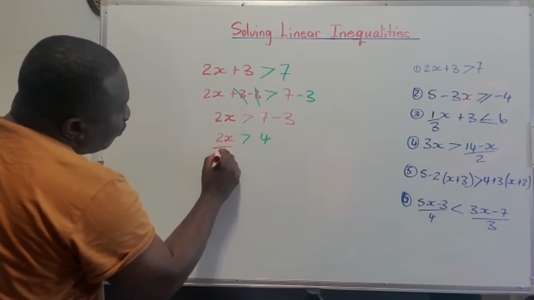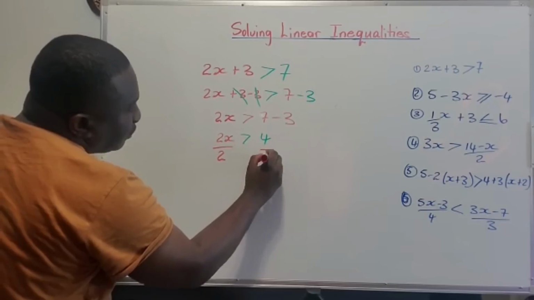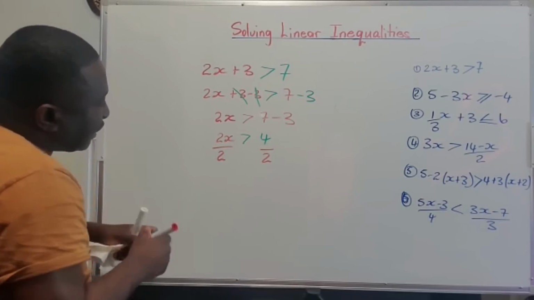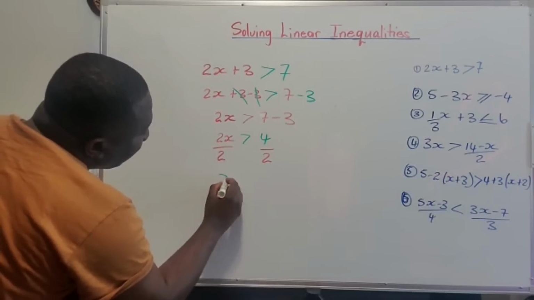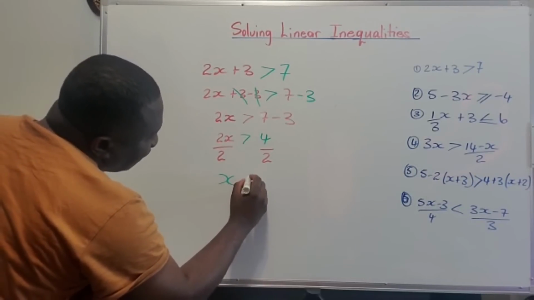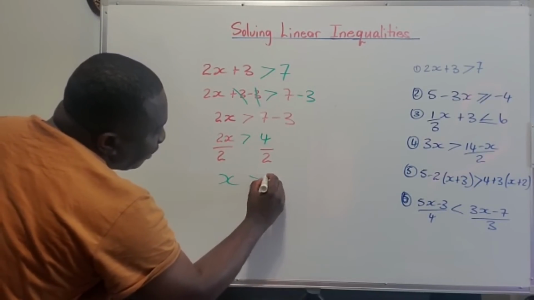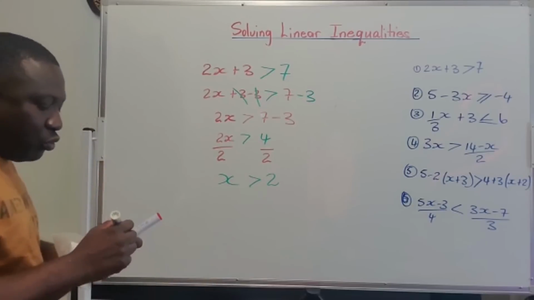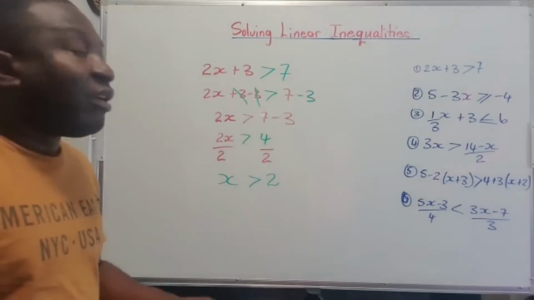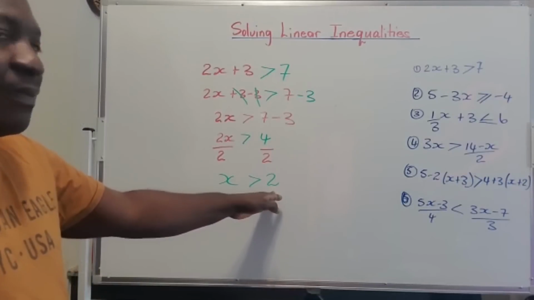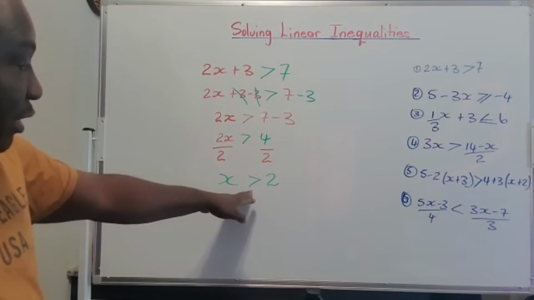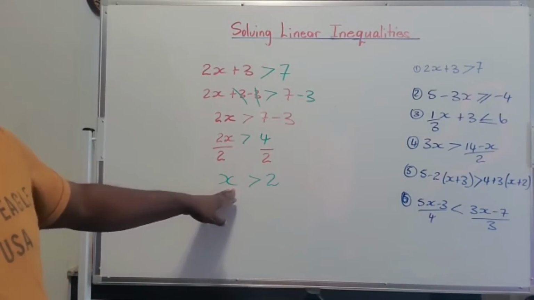So if I divide both sides by positive 2, then we can safely say that x is greater than positive 2. What it is telling us is that all values of x are more than a positive 2.